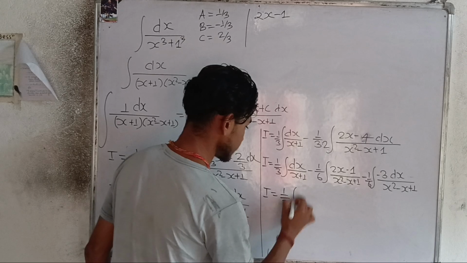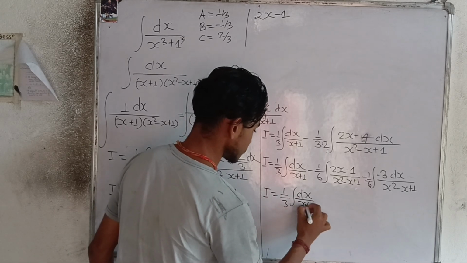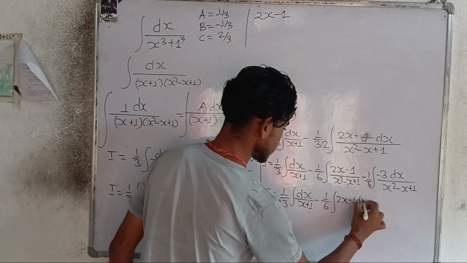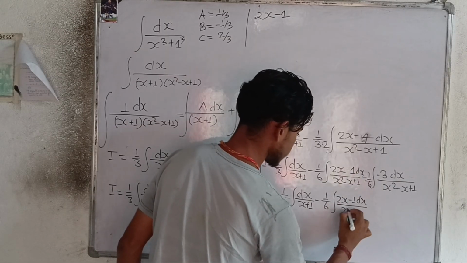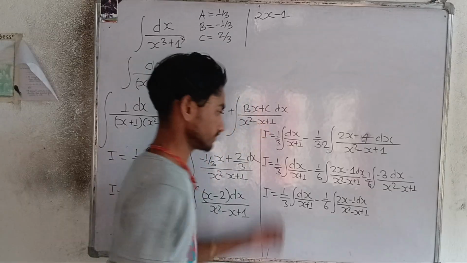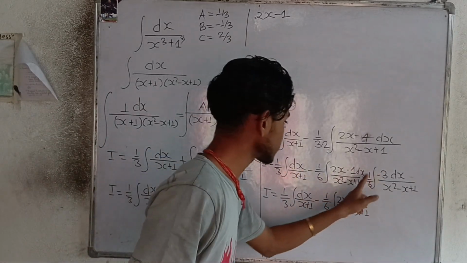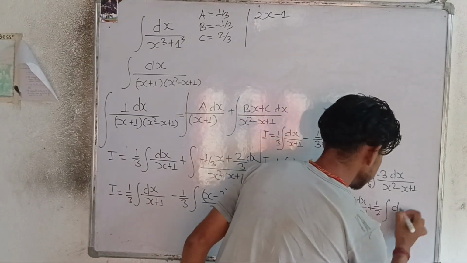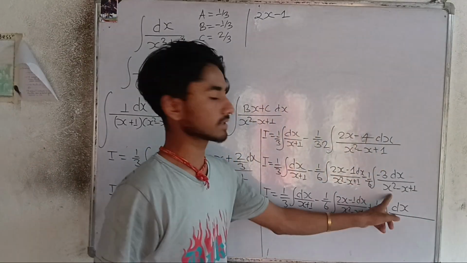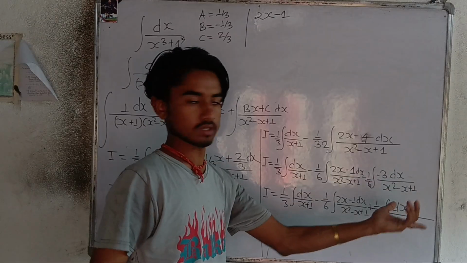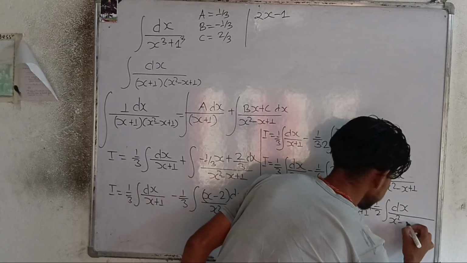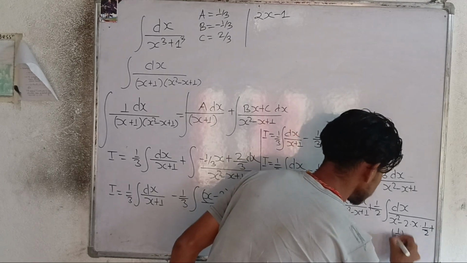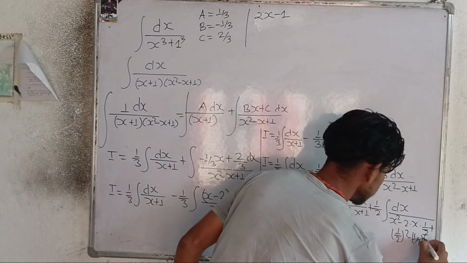So I get 1 over 3 integral dx over x plus 1 minus 1 over 6 integral 2x minus 1 dx over x square minus x plus 1. Okay, so here we have minus and this makes positive 1 over 2 integral dx over, so I am going to make this a complete whole square term. So I am going to write this as x square minus 2x into 1 over 2 plus 1 over 2 squared minus 1 over 2 squared plus 1.